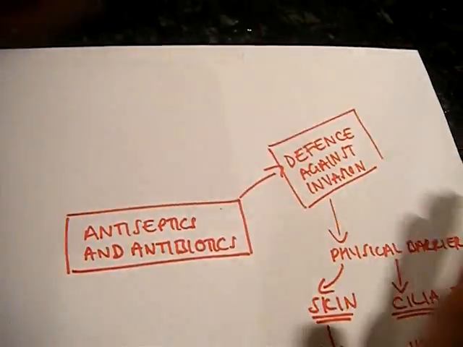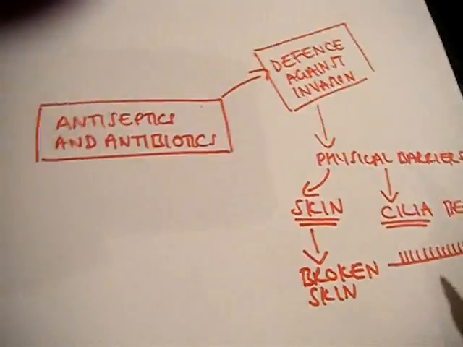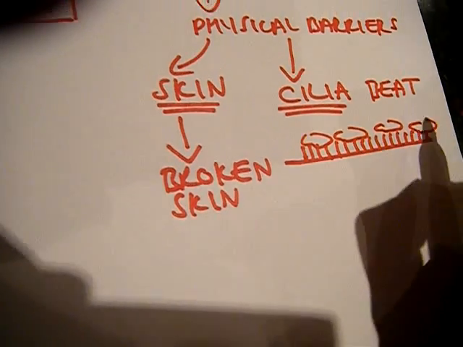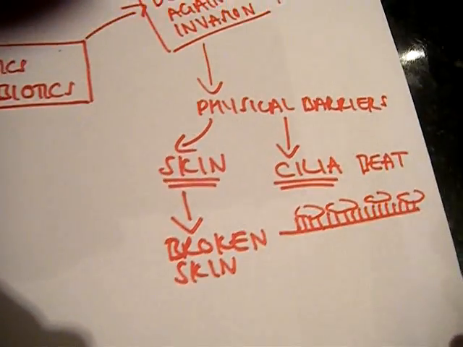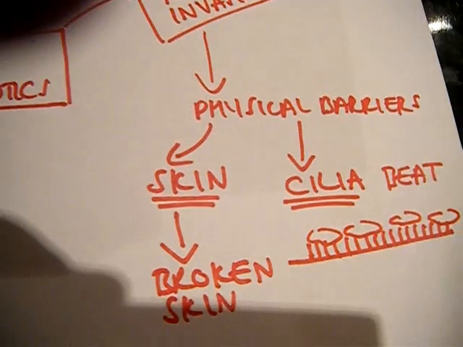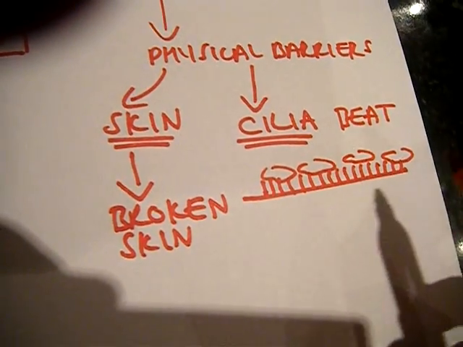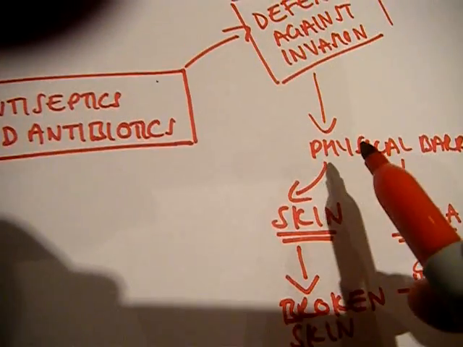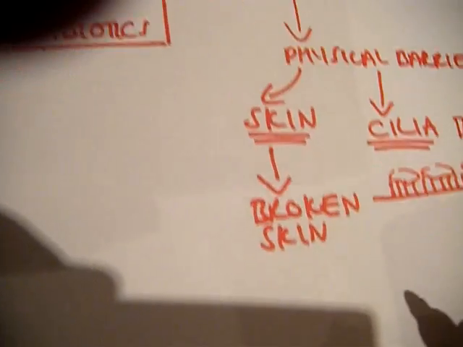They just beat like that. And they're covered with mucus, so there's mucus on here, and the mucus helps trap all the little dirt and dust and bacteria particles that you breathe in, and it just wafts it all to your stomach, because in your stomach there's not a physical barrier but a chemical barrier.